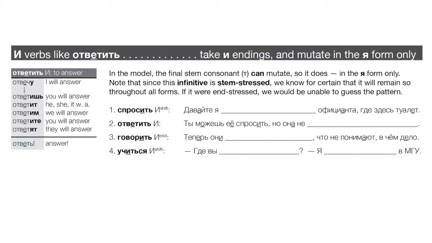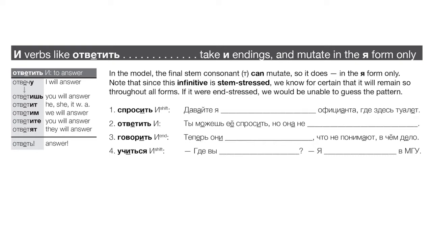Okay, now the question is, will there be a mutation? Well, there will be in the я form only if a mutation is possible. So we look at our final stem consonant, which is a т here. We ask ourselves, can т mutate? Yes. And when it does, it mutates to ч. So yes, a mutation is possible, and we're going to have one here in this я form only. So we get отвечу.